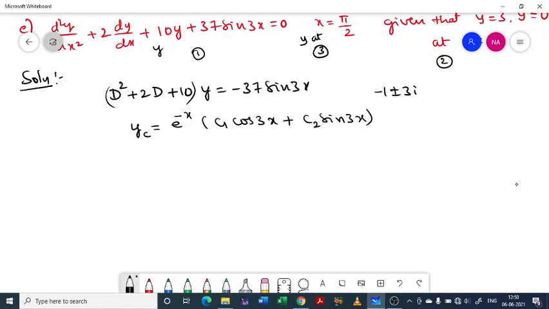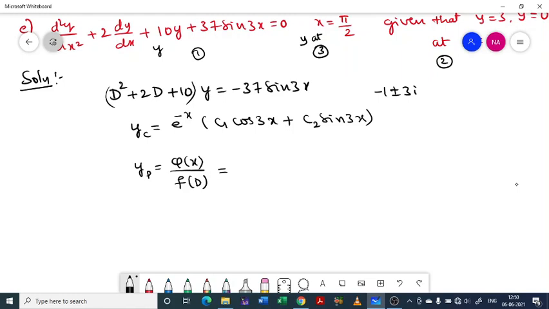Now to find yp, you have to write yp to be phi of x divided by f of d, then minus 37 sin 3x divided by d square plus 2d plus 10. Replace d square by minus 9, then you get 2d plus 1 in the denominator. I am not going through all that simplification.